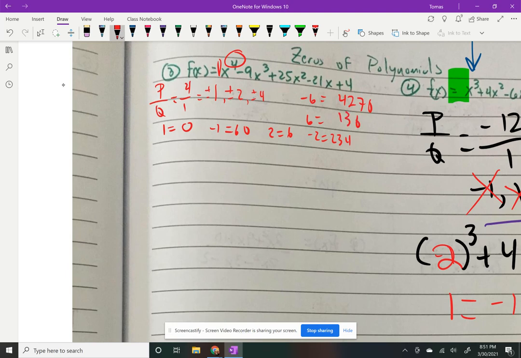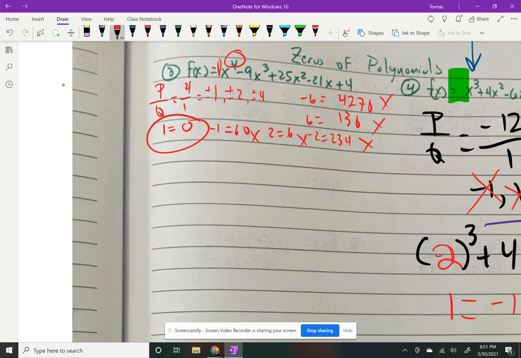So had I put each one of these numbers in for x, -6 wouldn't have worked, +6 wouldn't have worked, -2 wouldn't have worked, 2 wouldn't have worked, -1 wouldn't have worked. The one that would have worked would have been 1. So lo and behold, our very first one that we chose would have worked.